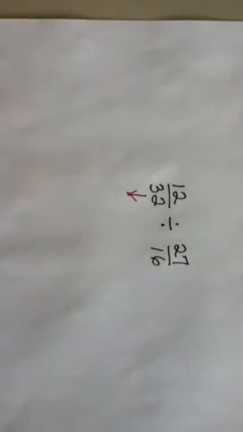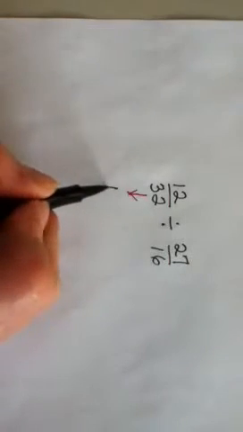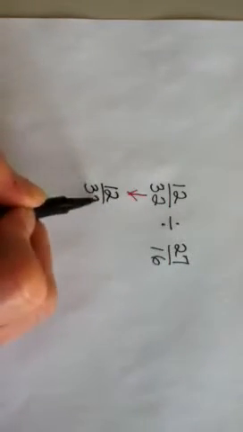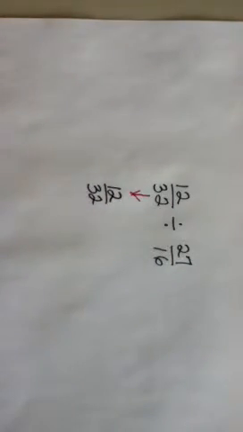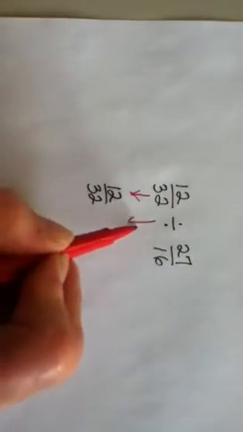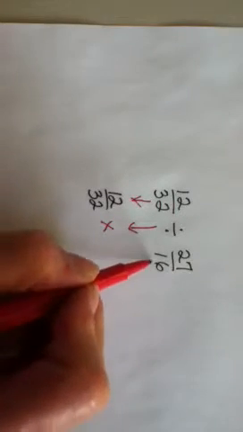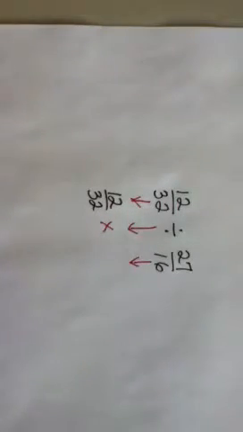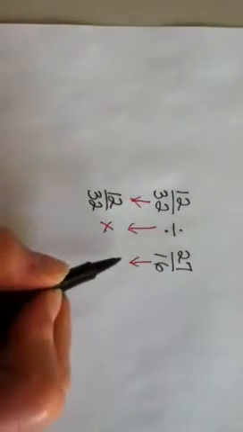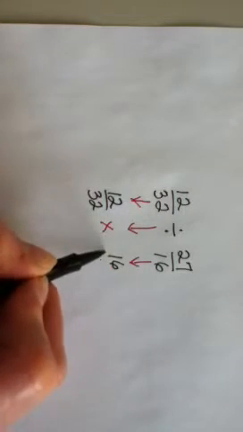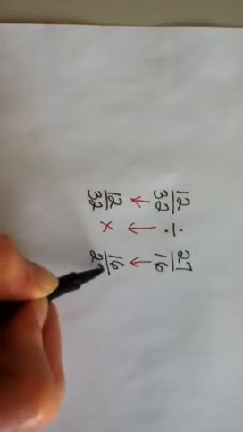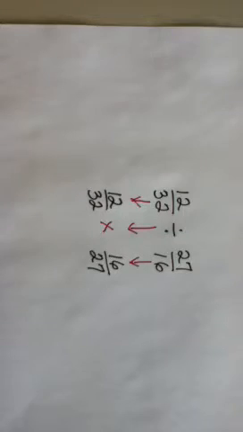In order to do that, the first number stays the same, 12 over 32. Change the second sign, the division, into multiplication. And the second fraction, 27 over 16, you take the reciprocal or flip the fraction to read 16 over 27. Now I see a multiplication sign and I can pre-reduce.